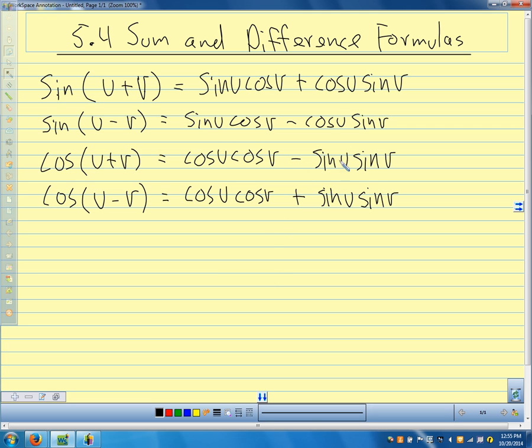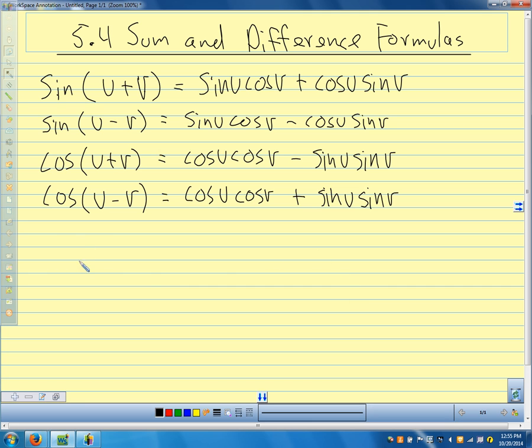These four, I would ask you to remember. The sine identities and the cosine identities are the same, other than the positive and negative sign. With the sine identities, the plus and minus are the same; with cosine they're opposite. In the sine identities, the sines and cosines are mixed together; with the cosines, the cosines are together and the sines are together.